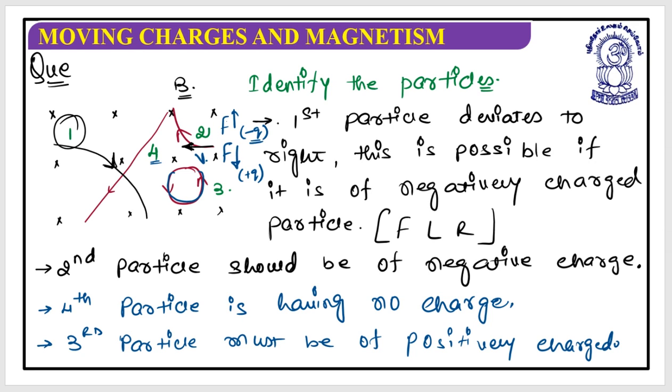We have magnetism that runs from moving charge and magnetism, in the next session magnetism and matter, and then even EMI, electromagnetic induction.